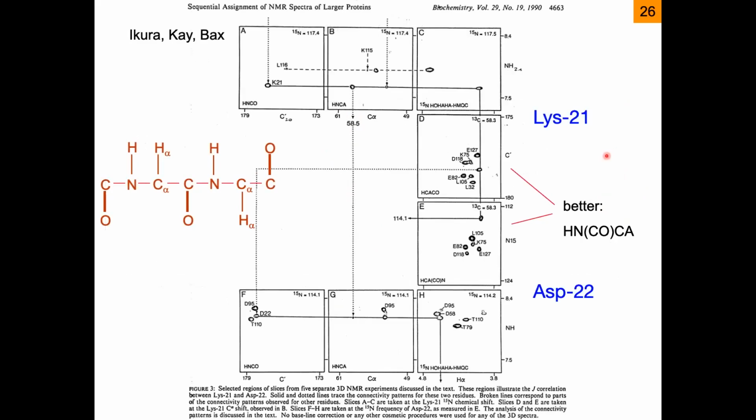Now, I want to show you this slide. This is actually how I got into this whole thing. I was doing a postdoc at Hoffmann La Roche, and I read this paper with this figure in it, where they had, for the first time, used this type of technology to connect along the protein backbone via HNCO, HNCA, and then at that time they were using a TOCSY to connect from the amide proton to the alpha proton.